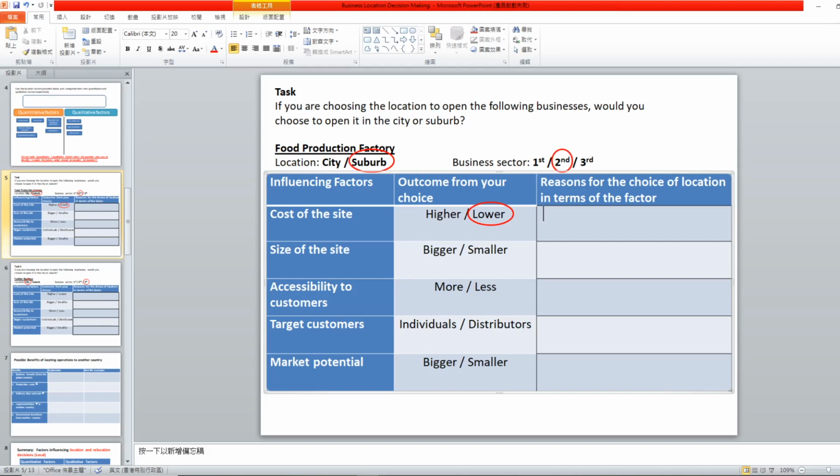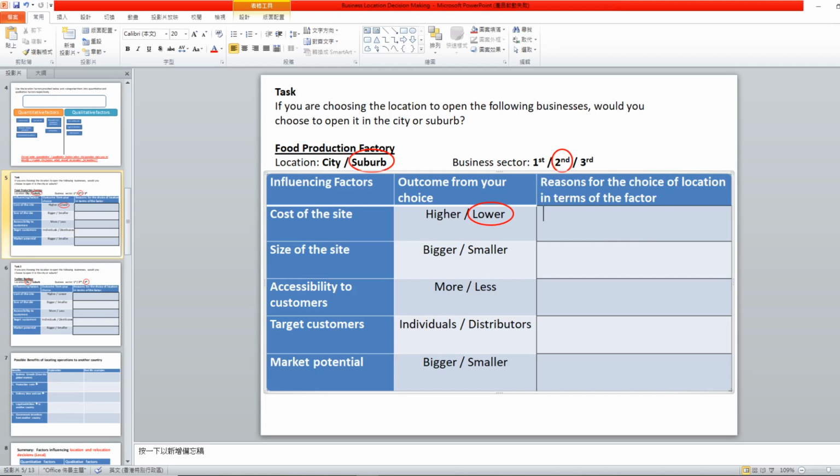Okay, right. Absolutely correct. But you see here, that's good. So here are the reasons. Why should we set up the business in a suburb area in order to get a lower cost?